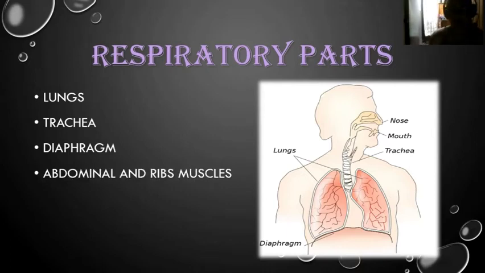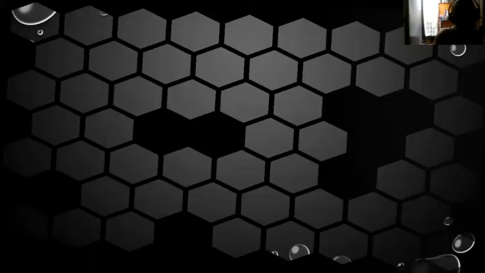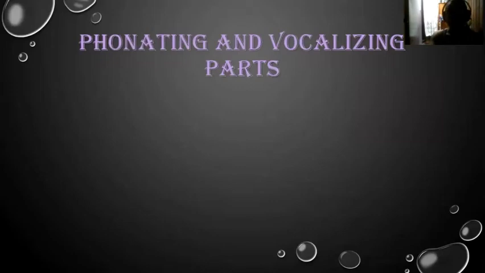As you watch in this picture, here are the lungs, the trachea, the diaphragm under the lungs, and the abdominal muscles, and so on. Okay. Then we have the phonating and vocalizing parts.